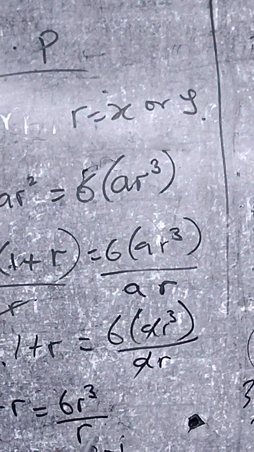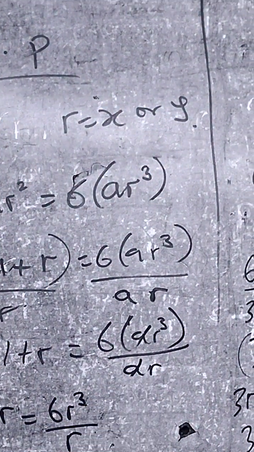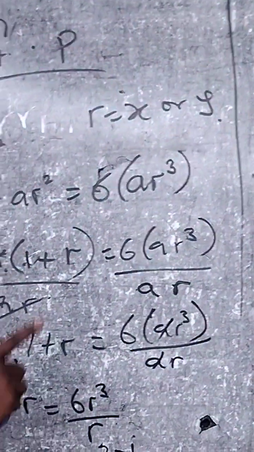How can we reduce all this fraction, to eliminate this denominator?